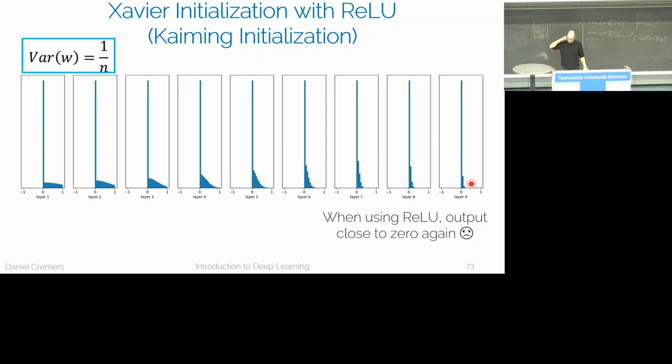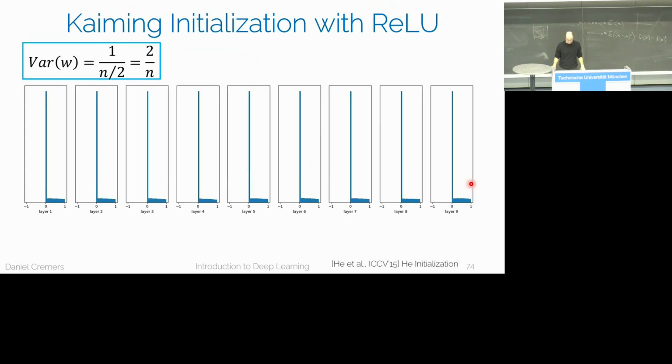Over time. But this is actually fairly easy to correct for, because since half of your input, the negative half, is collapsed to 0, you have to rescale the variance not with 1 over n, but with 1 over 2n, right?